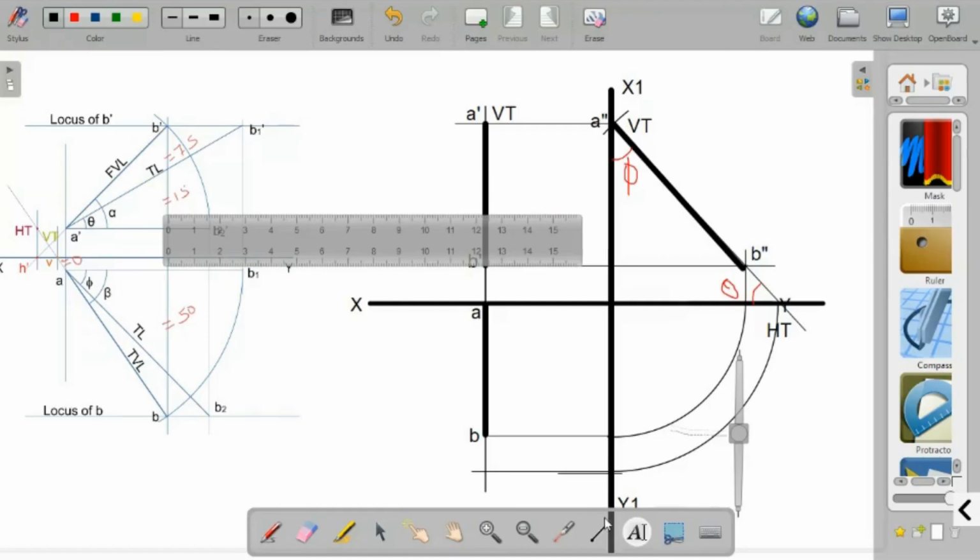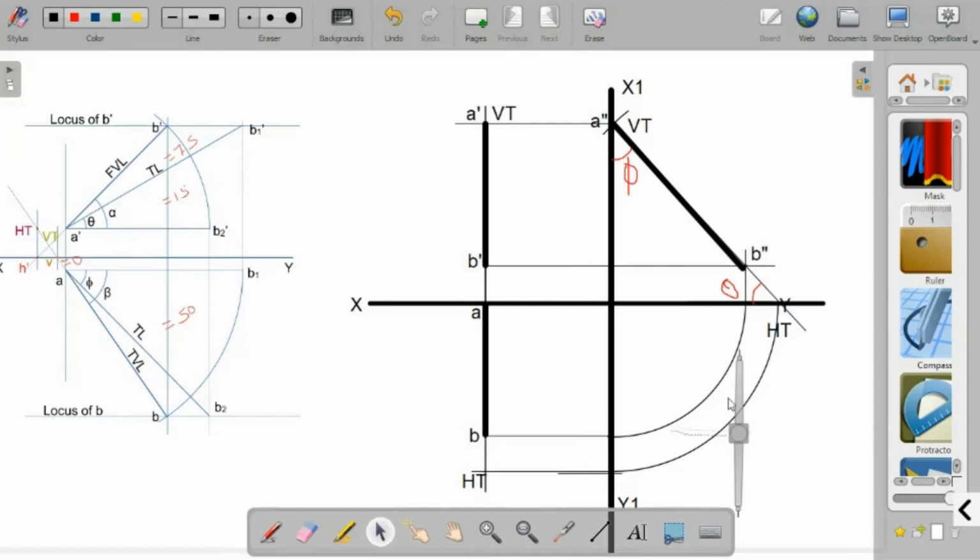So this is the point HT. And that's it. So this line is not existing. This line is not there. So this is the drawing. I hope you understood.